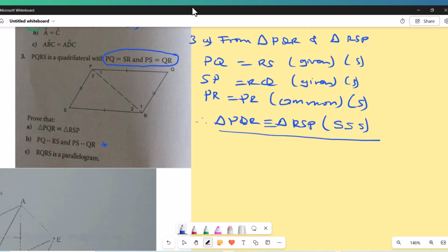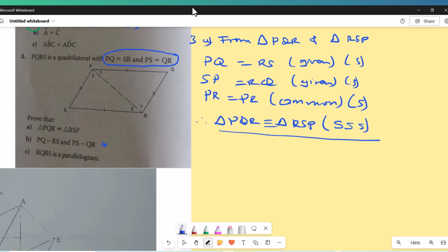Okay. Now they think that PQRS is a parallelogram. Okay. Now look at them again. They're saying PQRS is a parallelogram. Yeah, there now we understand. Who can give us a reason here? Because opposite sides are equal.